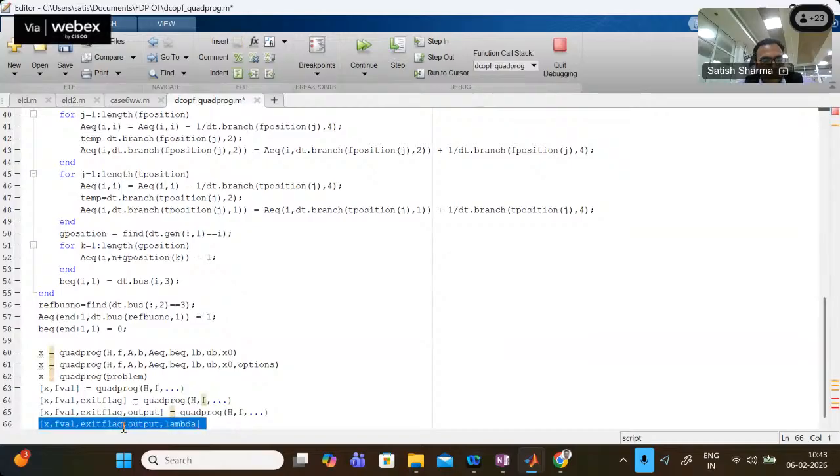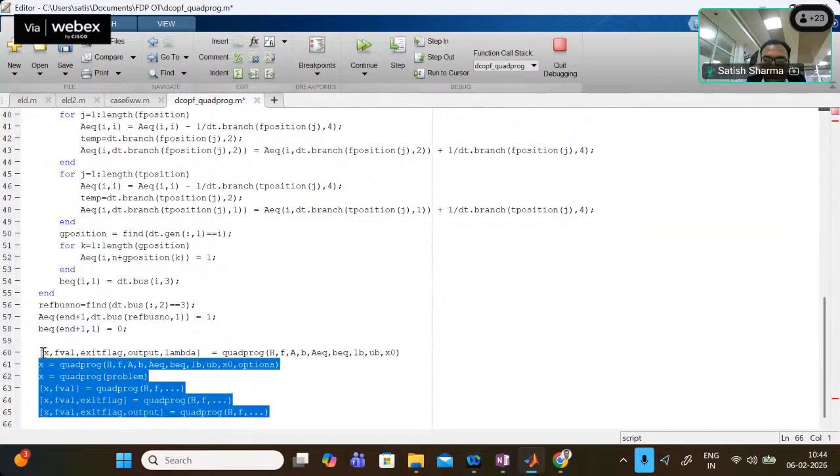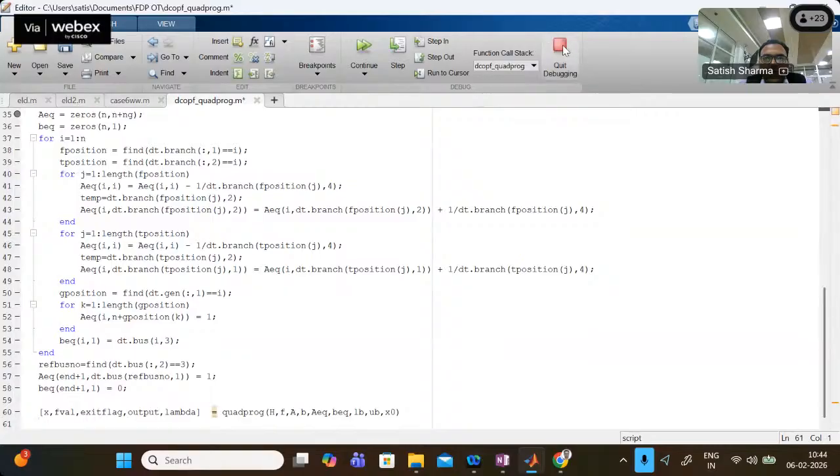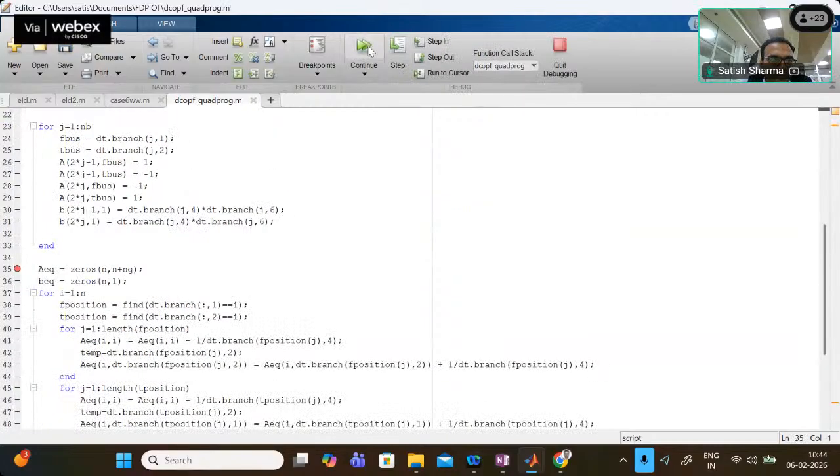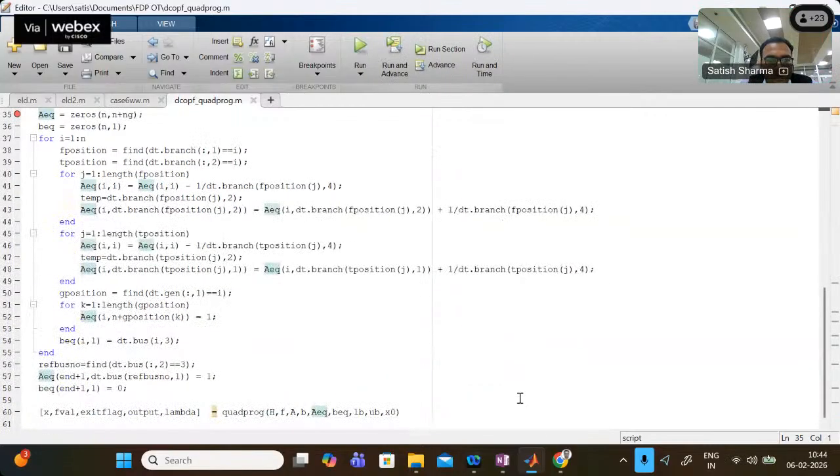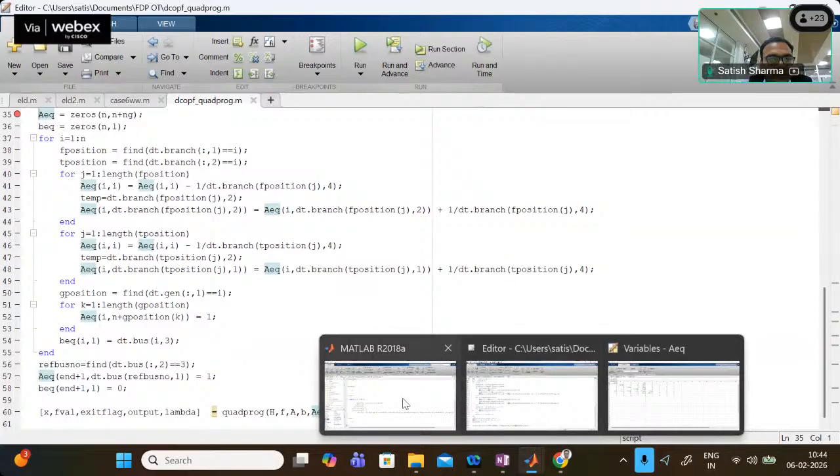Shift home, control X and control V. Okay, and then remove this particular part, and let's hope that it works. Yes, I think it has solved.